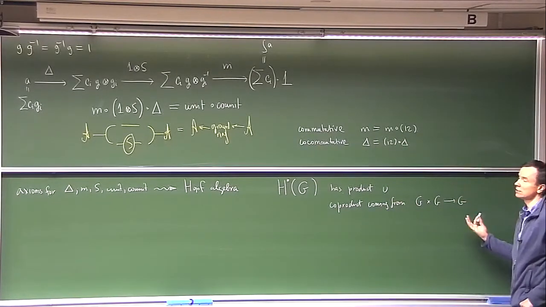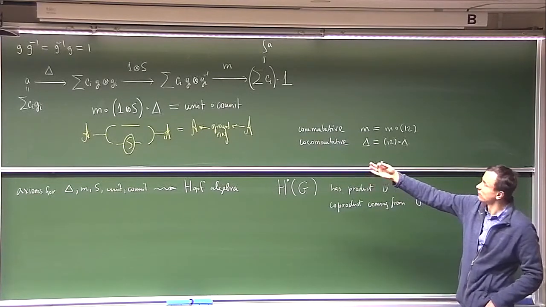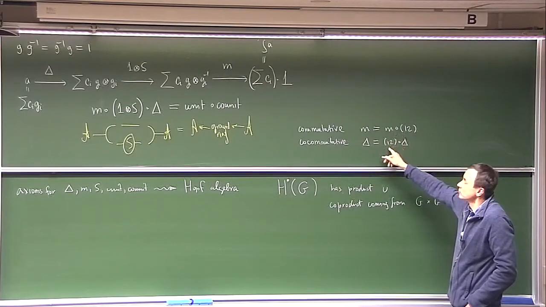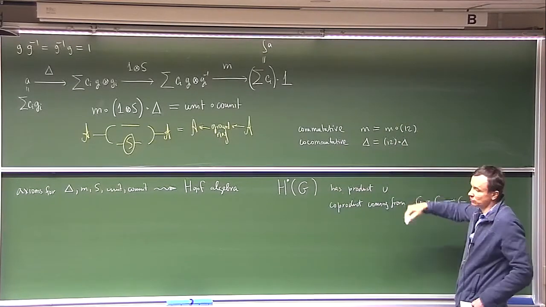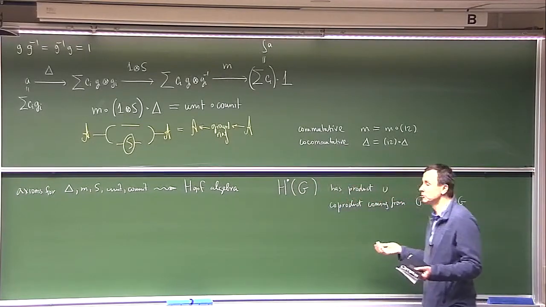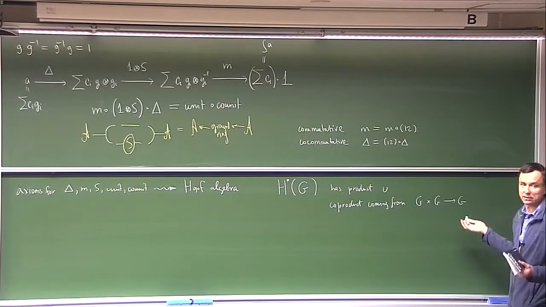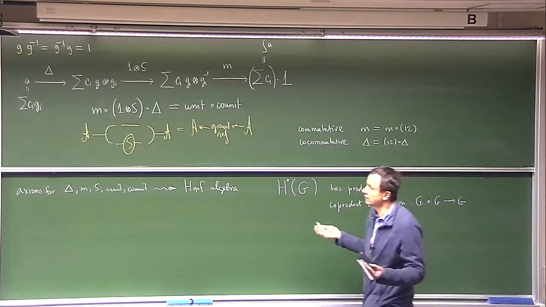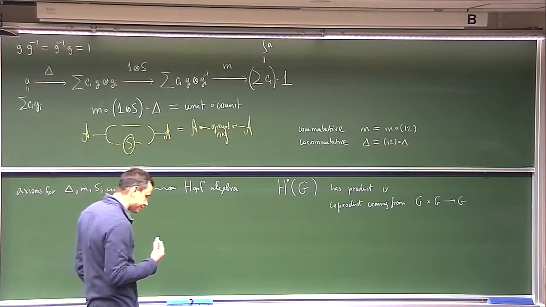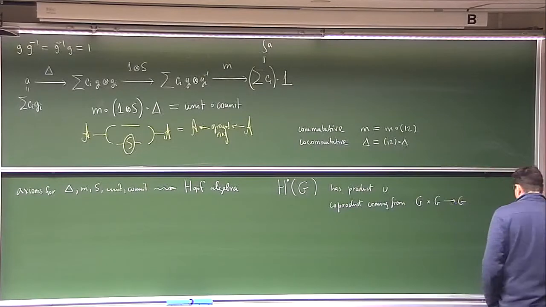In general, neither has to hold. For the group algebra of a finite group, the product is something, and the coproduct is co-commutative. But for regular functions on an algebraic group, the product is commutative and the dual operation is not. And so functions on an algebraic group is an example of a Hopf algebra.